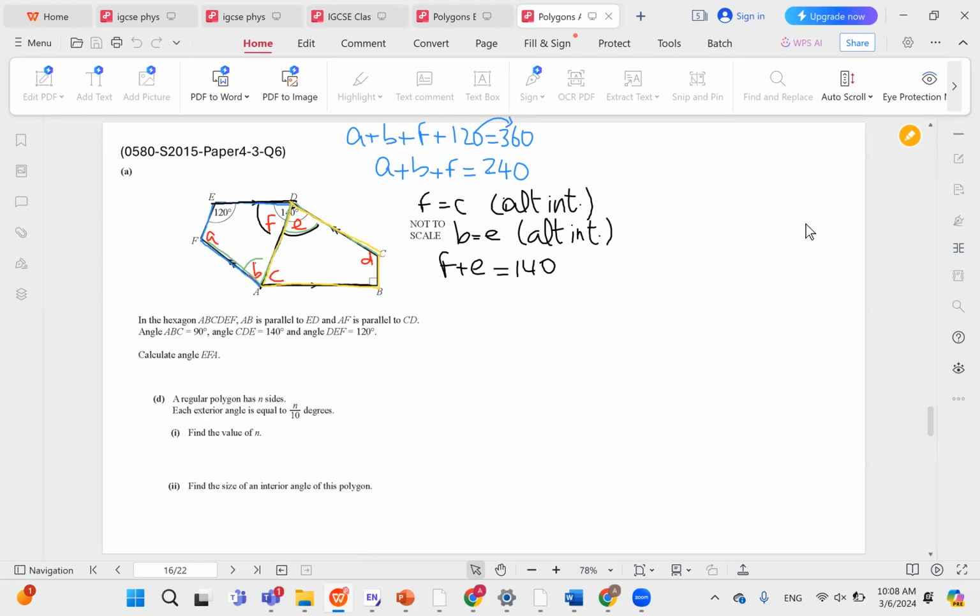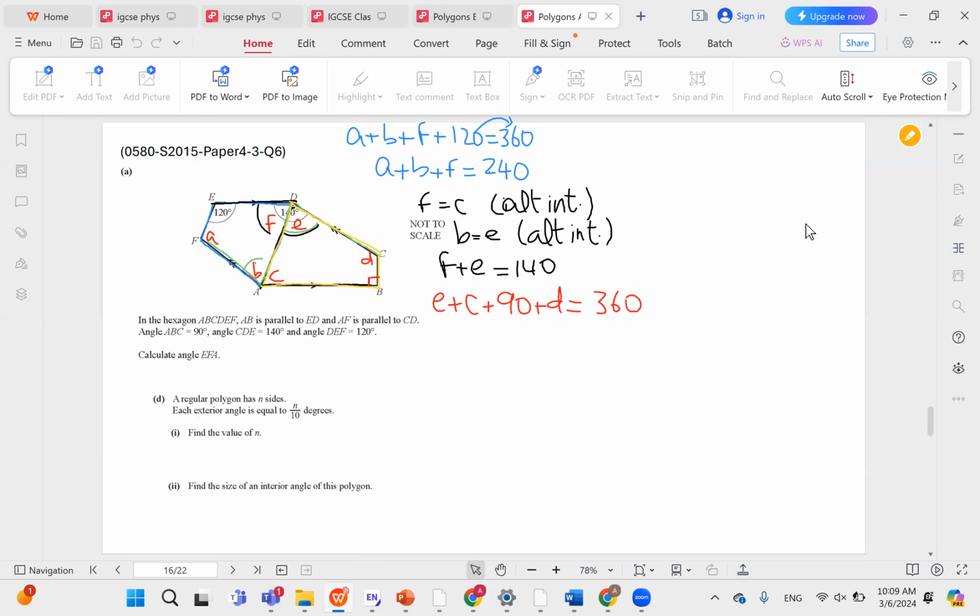So E plus C plus 90, and of course this square here means 90, plus D, all of this equals 360. So we have a lot of equations here. We have almost 6 equations, and we have 6 letters to figure out.